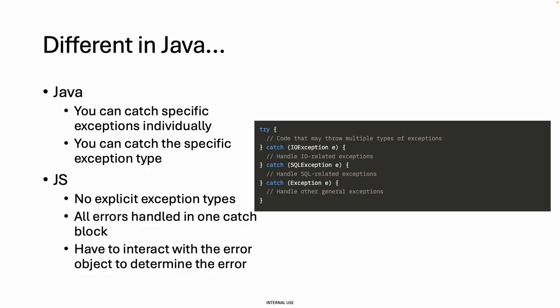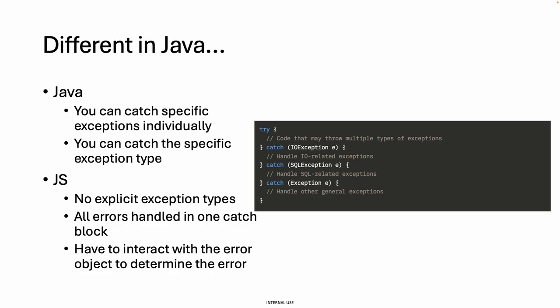So if an exception is thrown and it's not caught in the first two catch blocks, it'll go to the general exception block and you can handle it from there. And I really like handling exceptions like this. To me, it's way more clear, especially when I'm reading the code and I'm looking at the different exceptions and I know that, okay, when we call this method, these two things can happen or these three things can happen.